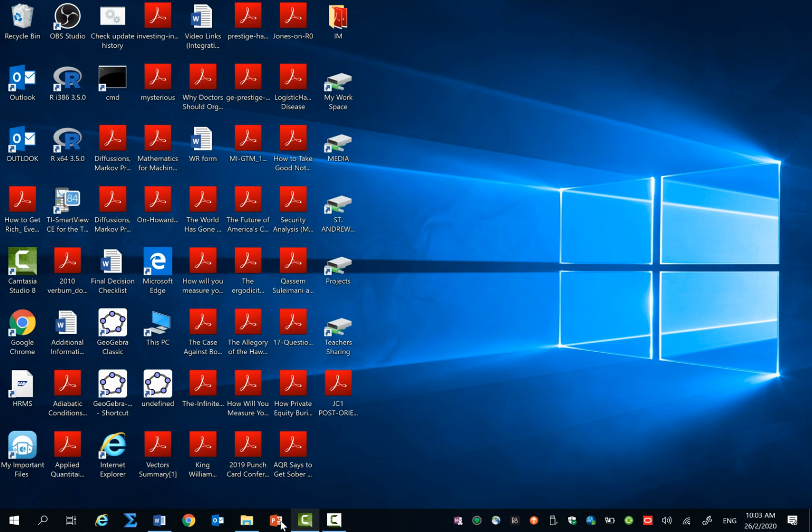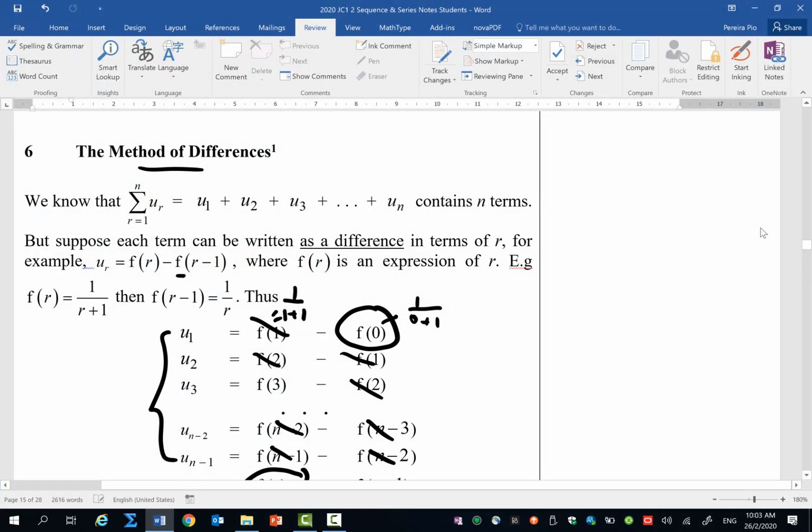Okay, let's continue. Last time we were talking about method of differences, so I just want to very quickly summarize it. If we want to find, for example, the sum of terms UR from U1 all the way to UN, any one of these terms can be written in general as f of r minus f of r minus one, where you notice there's a shift.